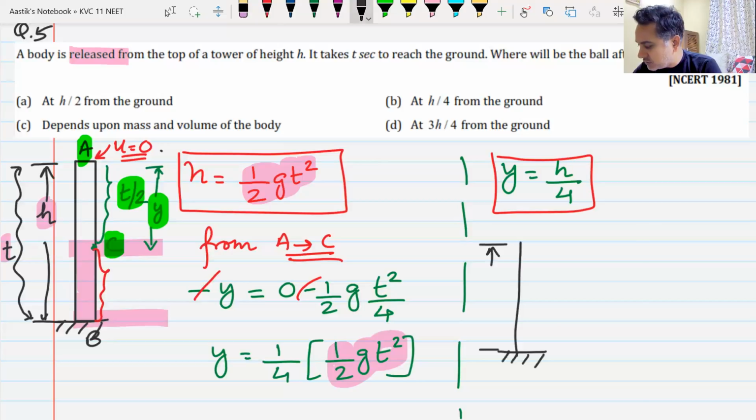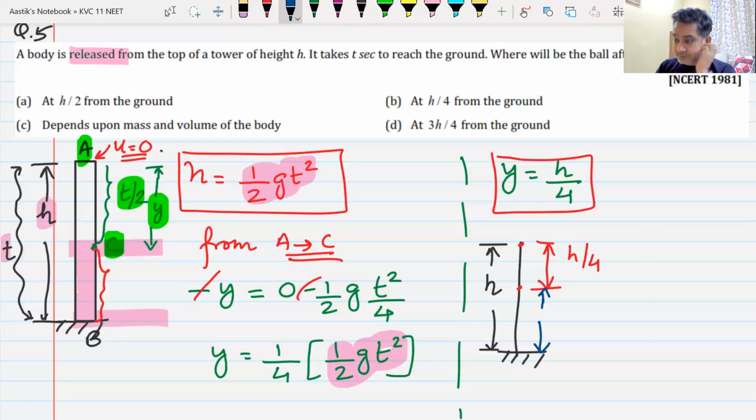It's such a complicated question. From here to here, height is h by 4. So what is the height from here to here? Can anyone tell me? I'm waiting for your answer, beta.